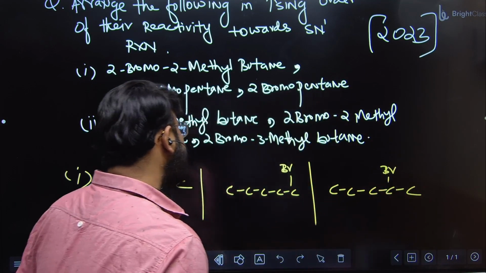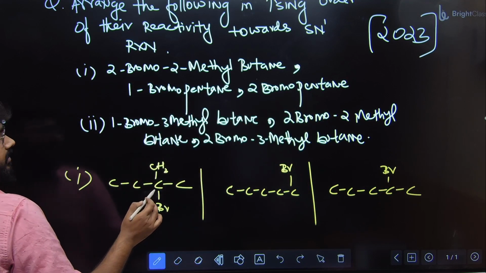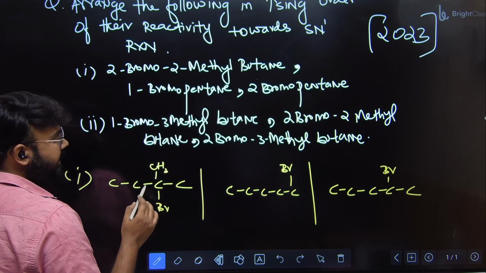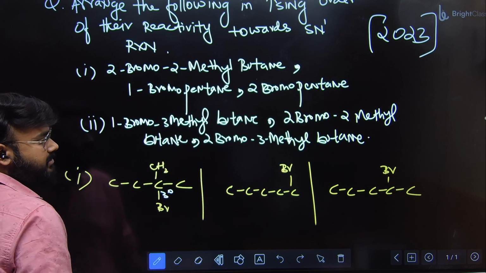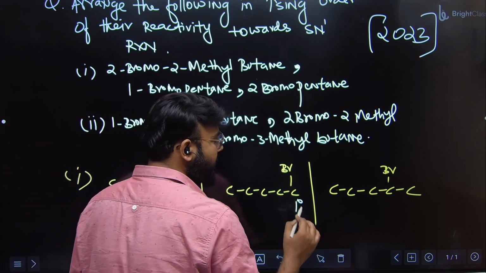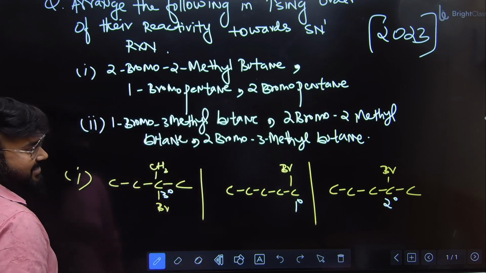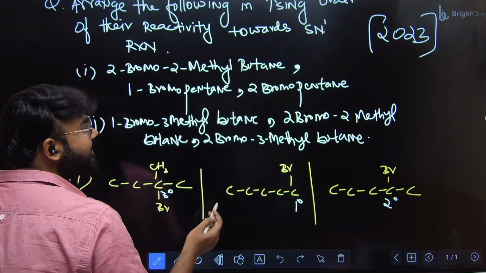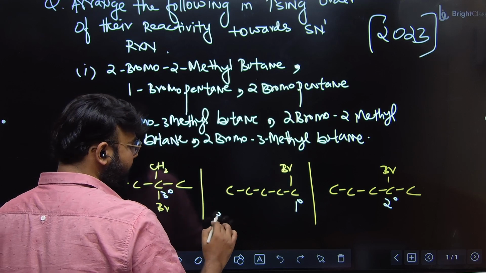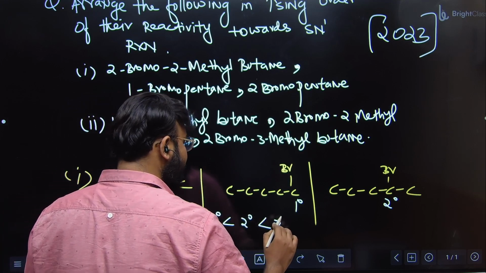So in all cases, what you see, this one is how many degrees, guys? This is 3 degree. This is 1 degree. So I think we know the answer. Right. So answer is, increasing order they're telling, right? So 1 degree, then 2 degree, and then you write 3 degree.